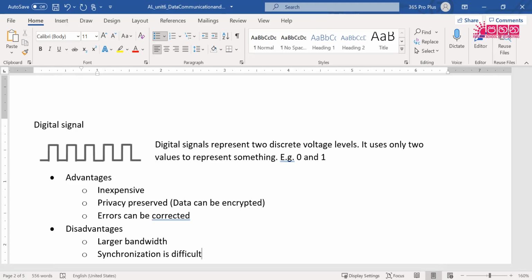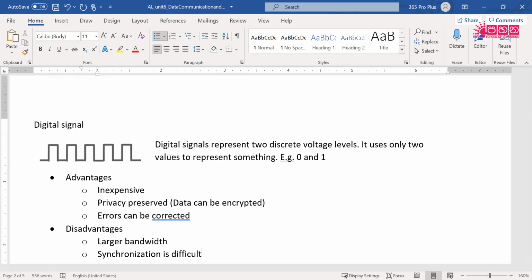If you want something to happen exactly the same way, right? So in digital signals, usually it is a bit difficult.